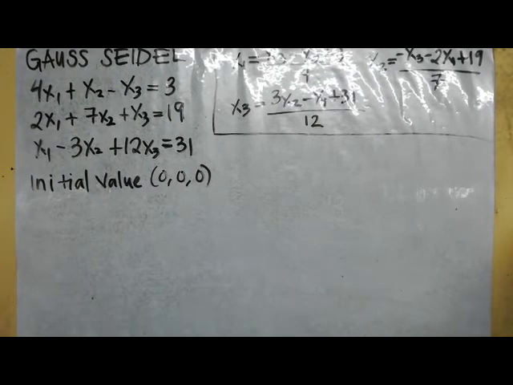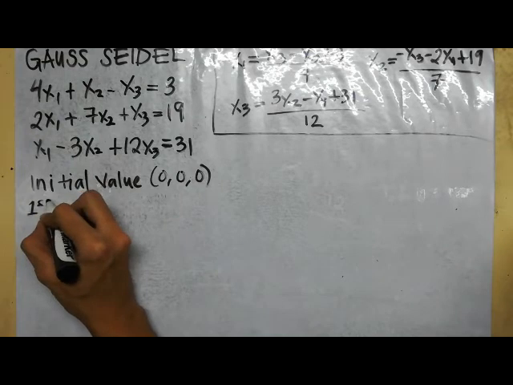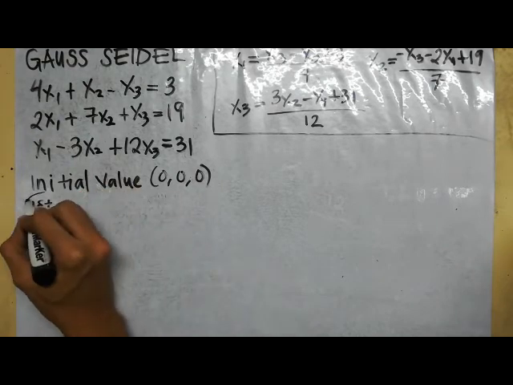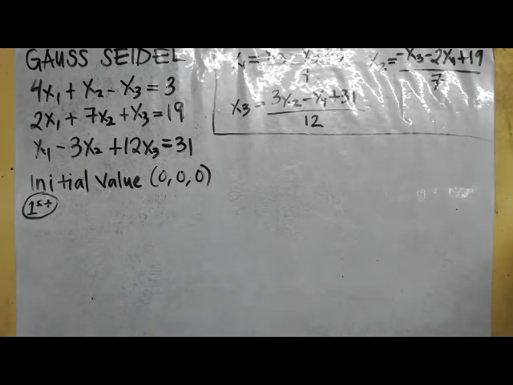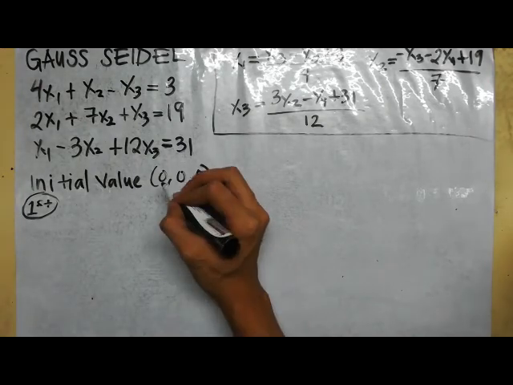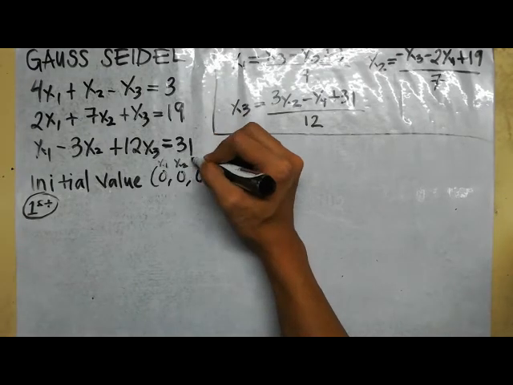So for our first iteration, we have our initial values 0, 0, 0, where these are our x sub 1, x sub 2, and x sub 3.